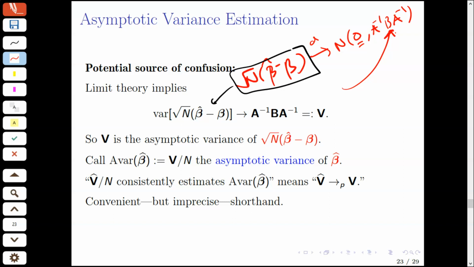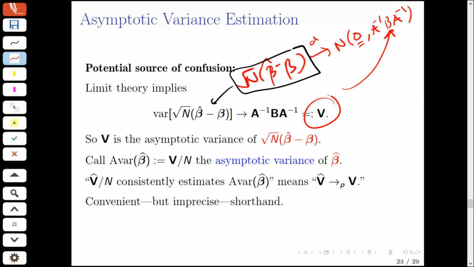It converges to the sandwich expression on the right hand side. So let's just give that a name. Let's call it V henceforth, denoting variance. Then V is, strictly speaking, the asymptotic variance of square root n times beta hat minus beta, right? It is the variance that arises in the limit, hence being the asymptotic variance.